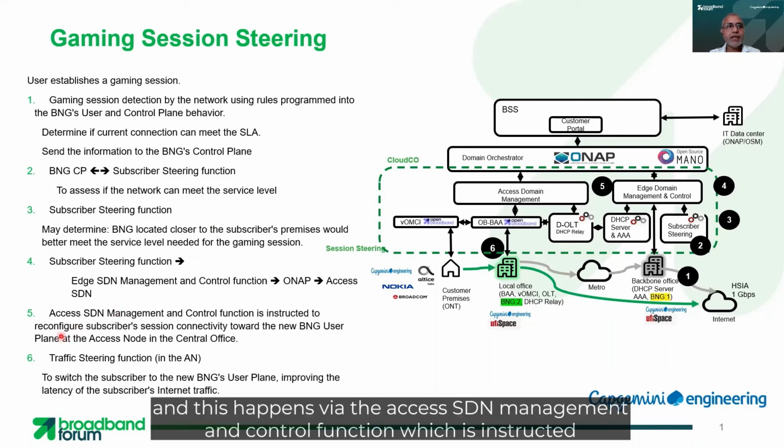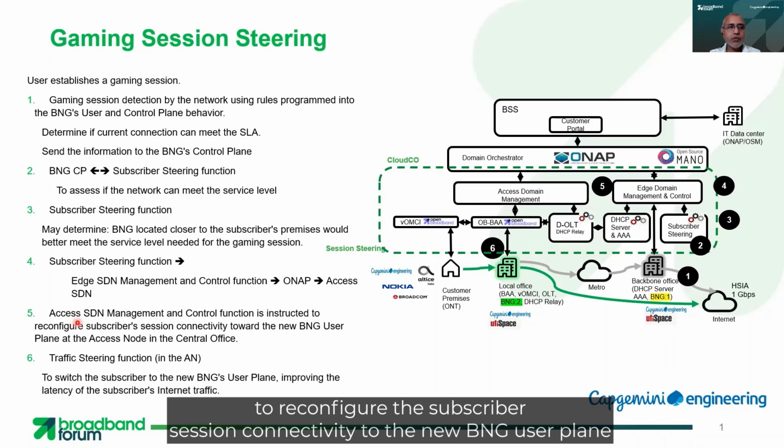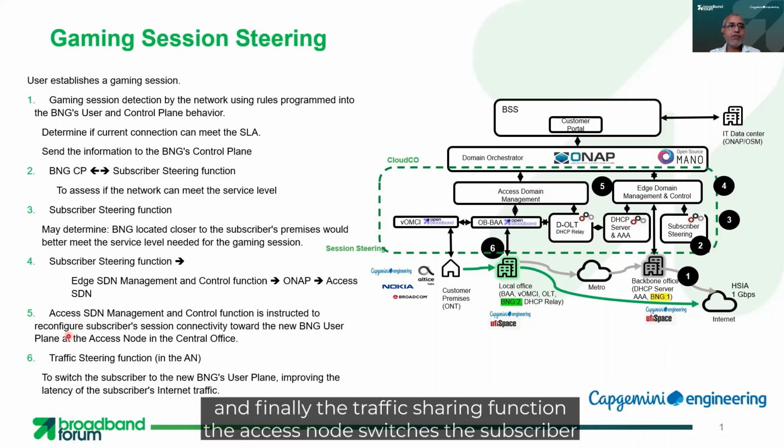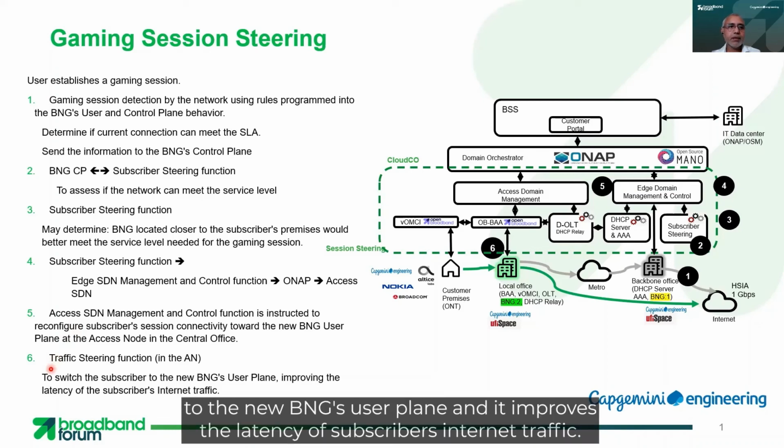And this happens via the Access SDN management and control function, which is instructed to reconfigure the subscriber's session connectivity to the new BNG user plane. And finally, the traffic steering function in the access node switches the subscriber to the new BNG's user plane, and it improves the latency of subscribers' internet traffic.